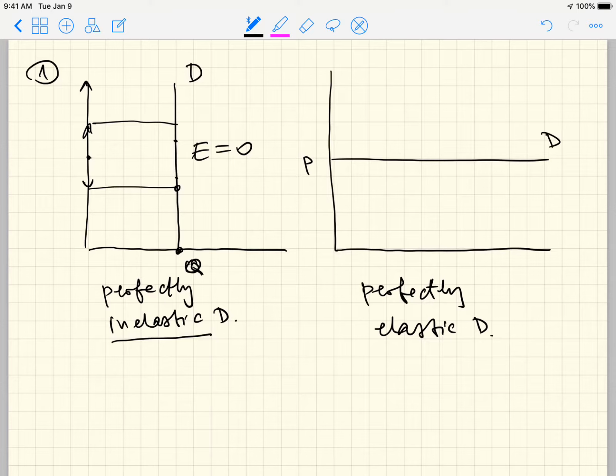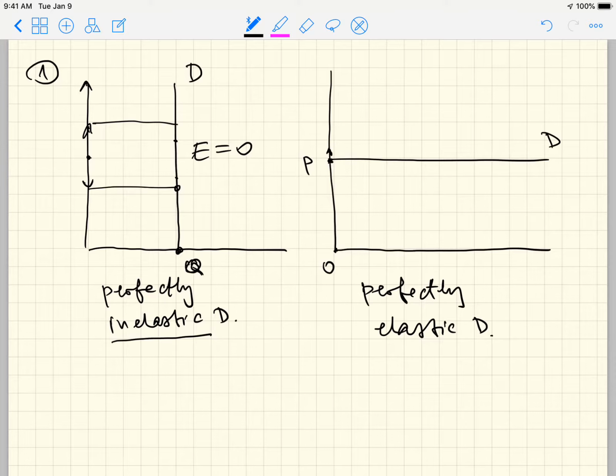And in the second case, this price becomes like a trigger price. If price goes just a tiny bit higher than it is here, then the quantity demanded completely shuts down and becomes 0. And actually that curve describes what's going on for any price taker.